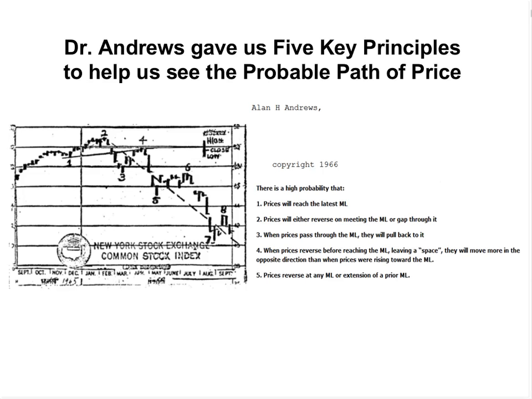So Dr. Andrews gave us 5 key principles to help us see the probable path of price. And this is on our website. It's free. Copyright 1966. And I know the charts look a little frail, maybe hard to understand, but remember, he was drawing on paper.